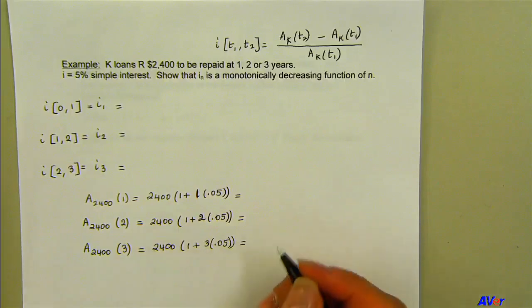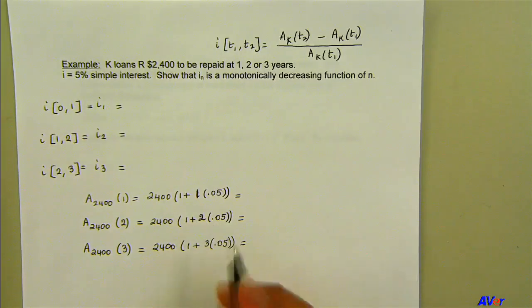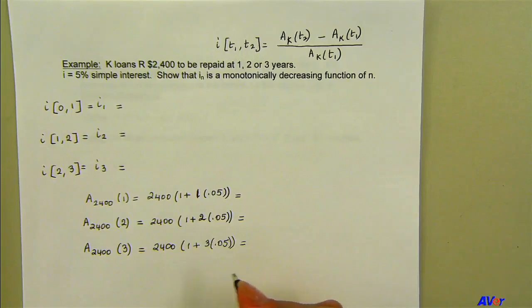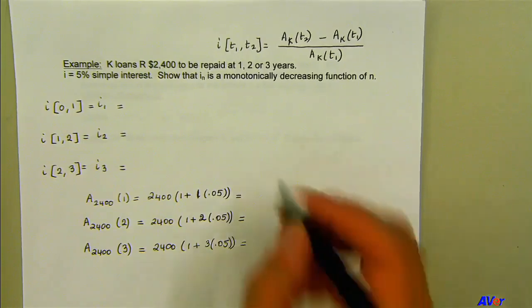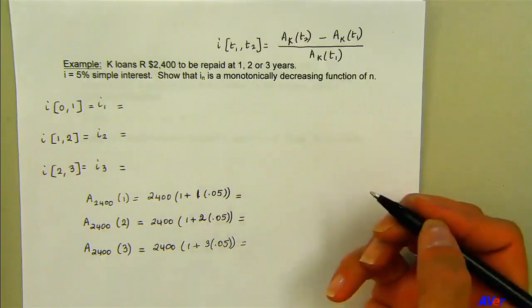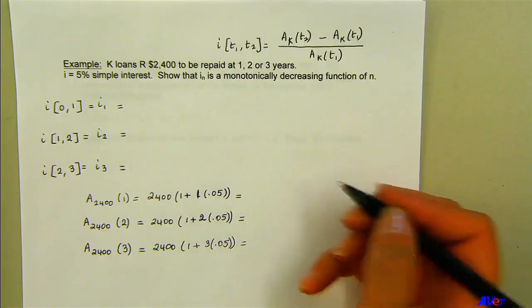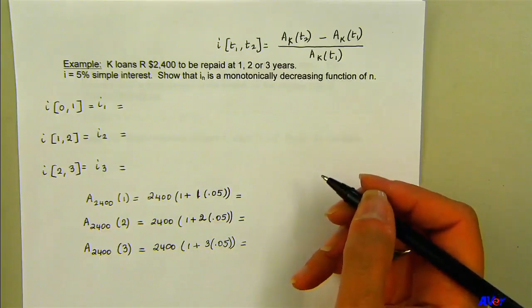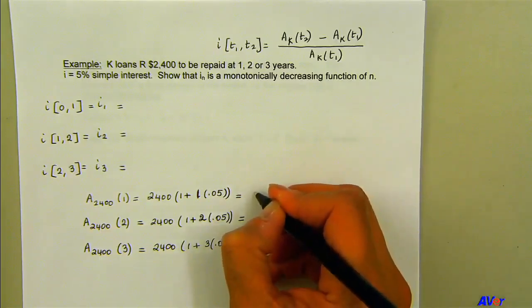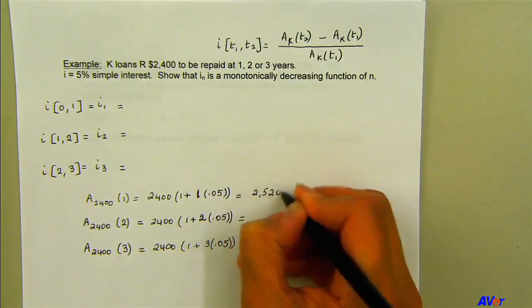So for A1, A2, and A3, the amounts at these times, what do we get? What is A1? Right, which is 2,500. Exactly.